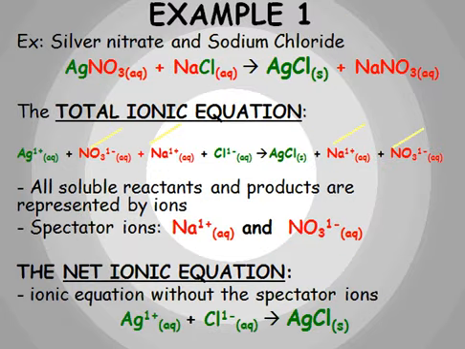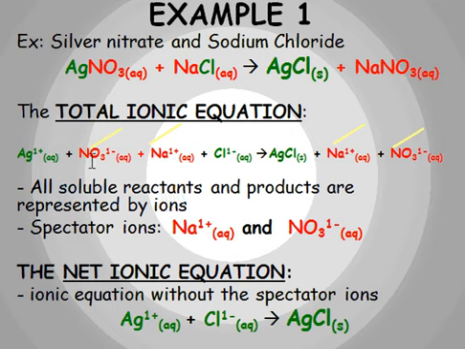So if we look at this example, silver nitrate and sodium chloride. When they join together, you have silver chloride, which is your precipitate, and your sodium nitrate. For the total ionic equation, you break these apart into their ions. Silver, Ag, is a 1 positive charge.